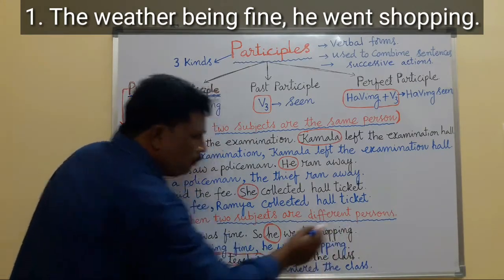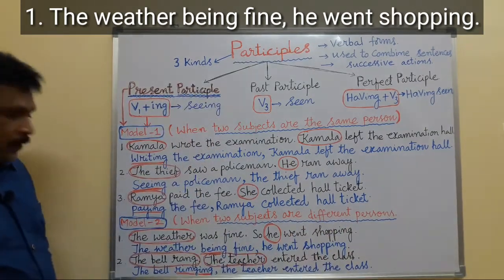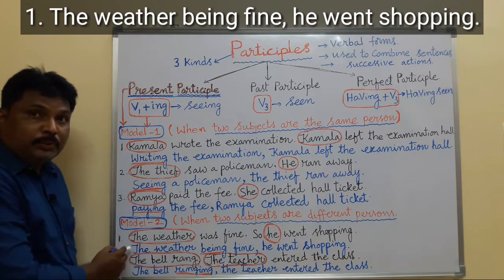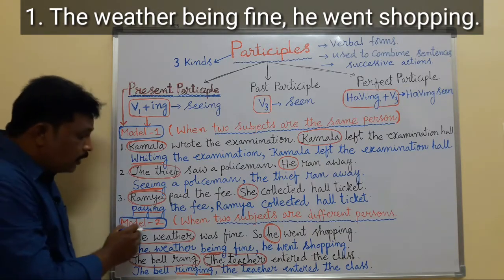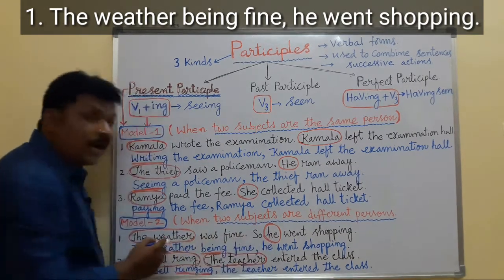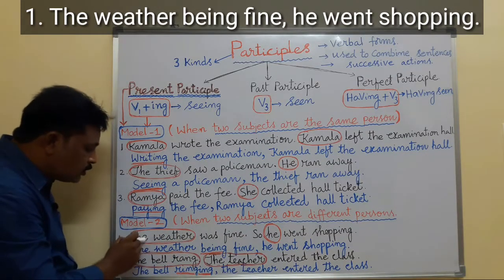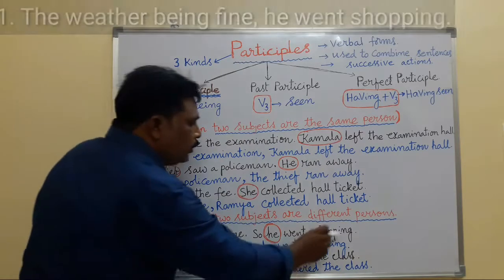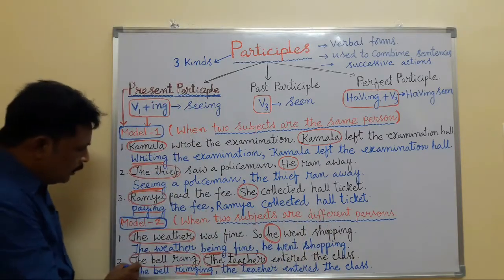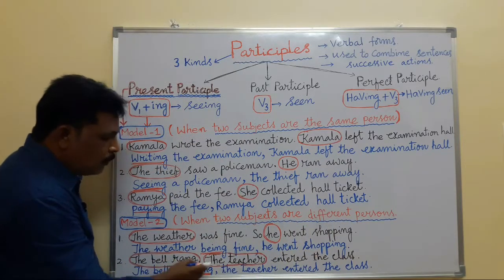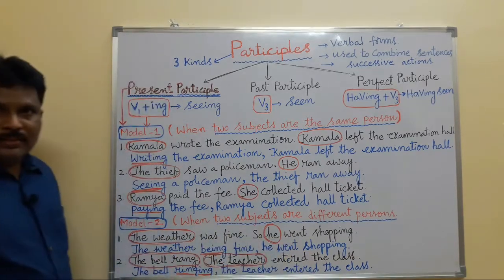He went shopping. Here the change you need to observe, because the two sentences have two different subjects, we begin the sentence with the first subject and then we continue the answer. Another example. The bell rang, full stop. The teacher entered the class, full stop.